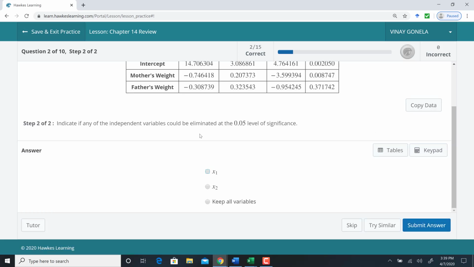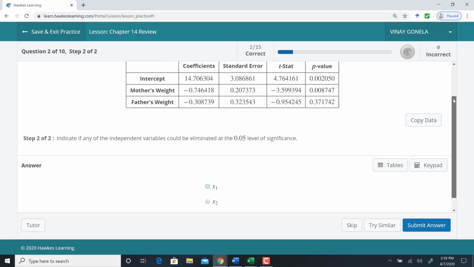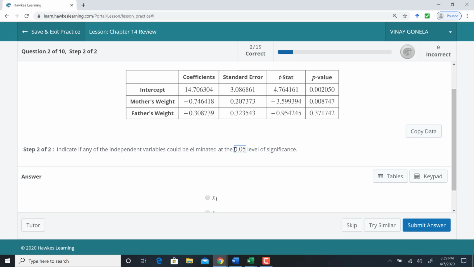So the next thing is, please indicate if any of the independent variables can be eliminated at 0.05. So again, whichever factor has p-value less than alpha, that factor is important, and whichever factor has p-value greater than alpha, that factor is not important.